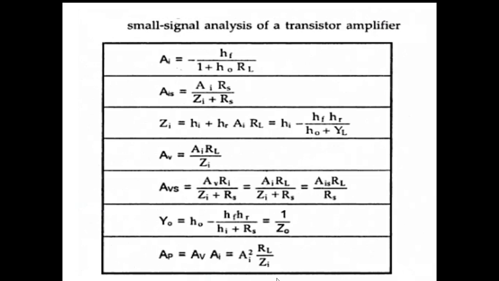Next, the last parameter, that is output impedance. Output impedance is defined as the ratio of output voltage to the output current looking into the output terminals. So what are the output terminals?